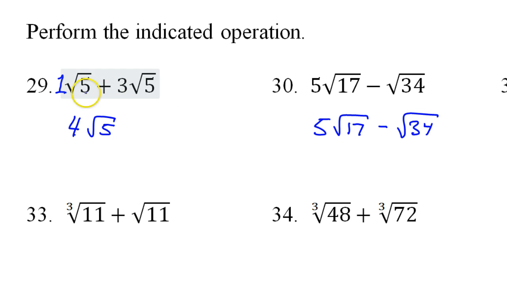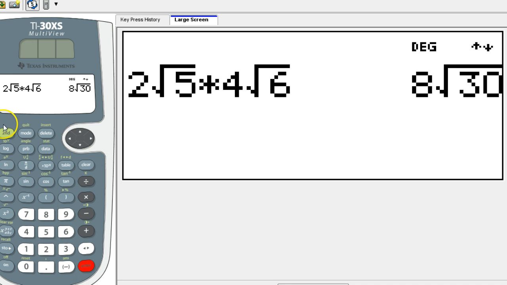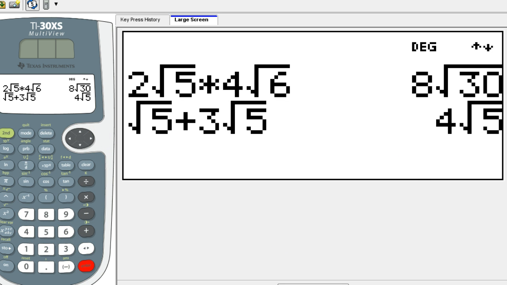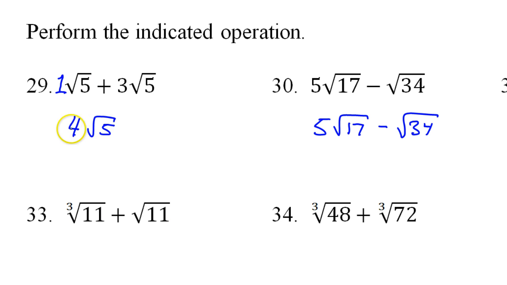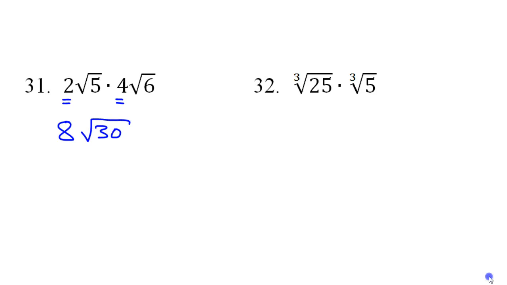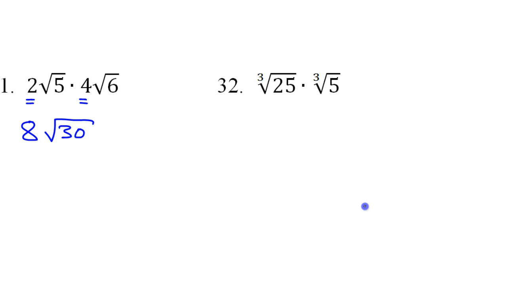So the square root of 5 plus 3 radical 5, okay, 4 radical 5. Now, it took much longer to type that in the calculator than it would to just look at it and understand. So it's far better to know how to do it on your own. But I would be remiss if I didn't point out to you that your calculator can do that stuff.